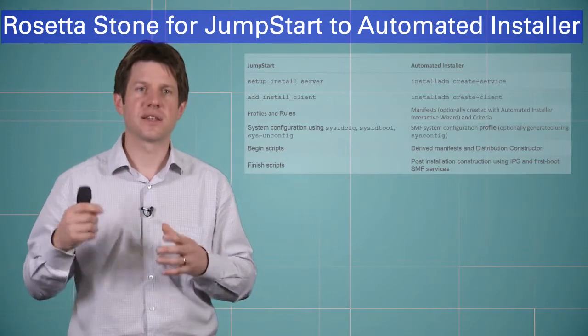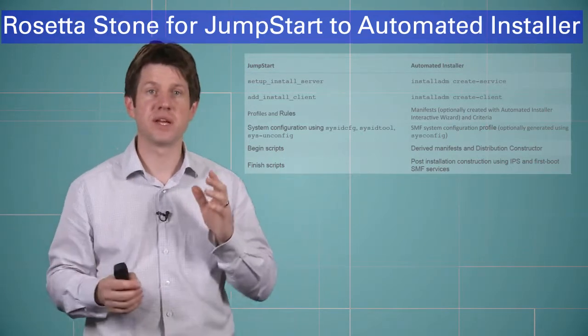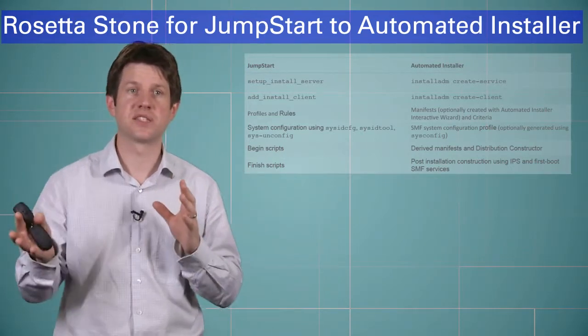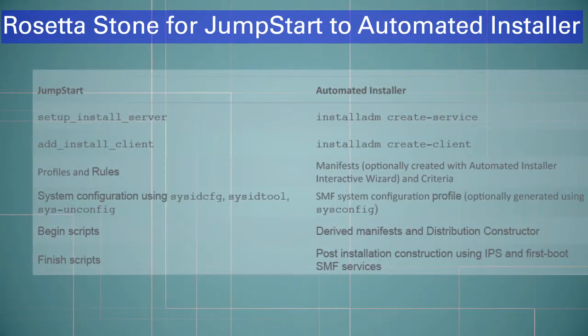So let's take a look at some of the comparisons between JumpStart and the automated installer. You can see from this chart that it's a very, very similar set of things. Fundamentally, one of the big things to think about is that the pre-install and post-install configuration scripting has been removed in the automated installer.